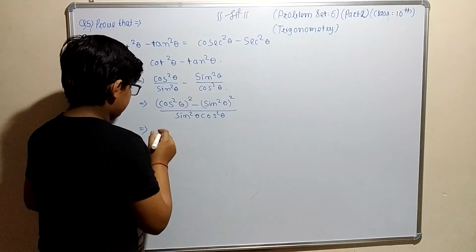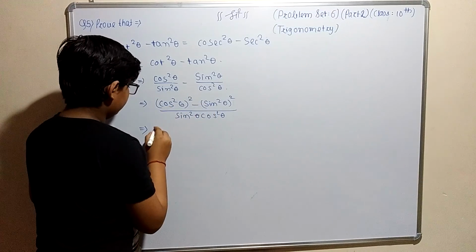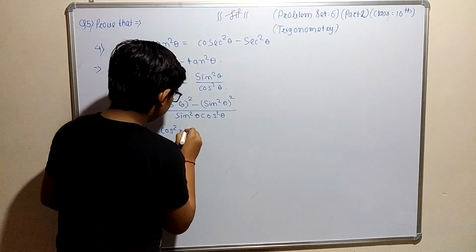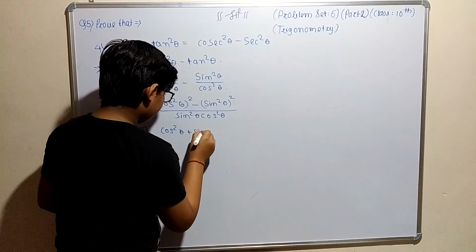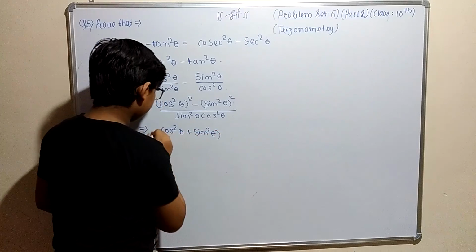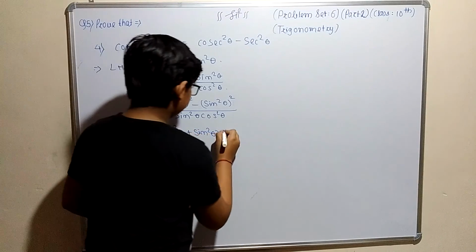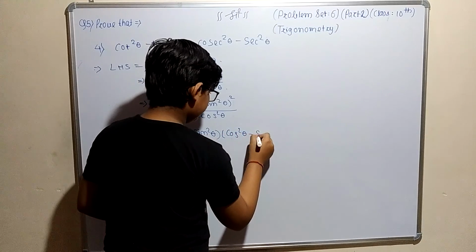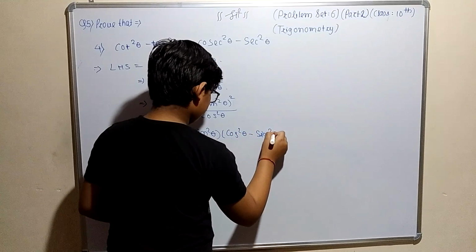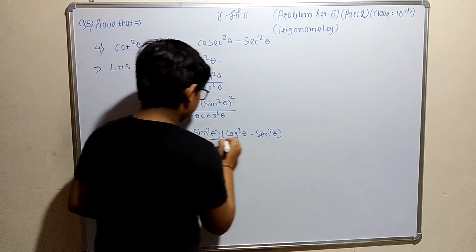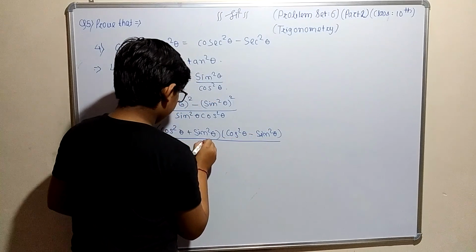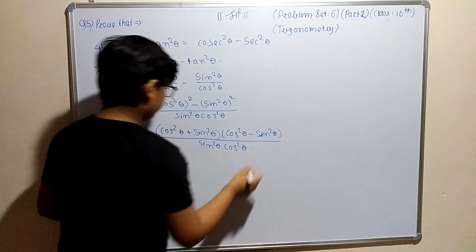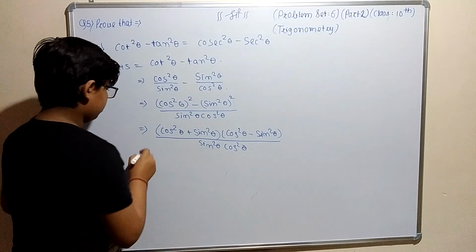Now we will do the same, that is a plus b: cos square theta plus sin square theta into cos square theta minus sin square theta divided by sin square theta cos square theta.